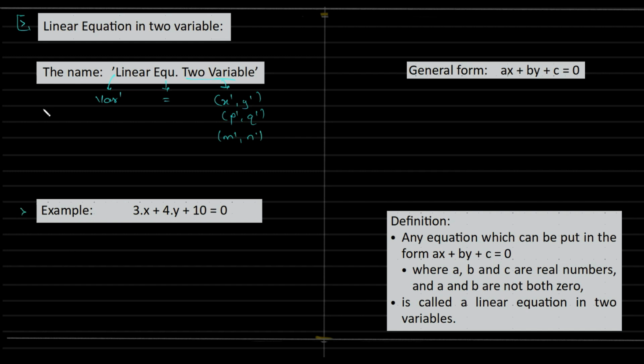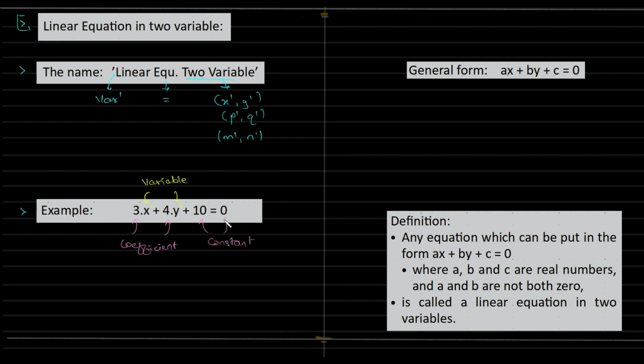And this is your example, 3x plus 4y plus 10 is equal to 0. So here we have x and y whose power is 1. Those are your two variables, while 3 and 4 are your coefficients, and 10 is your constant.